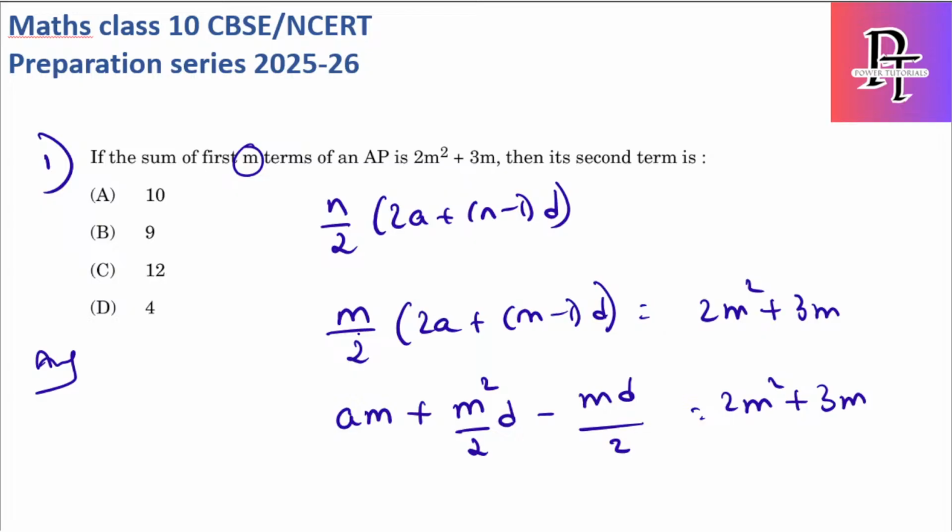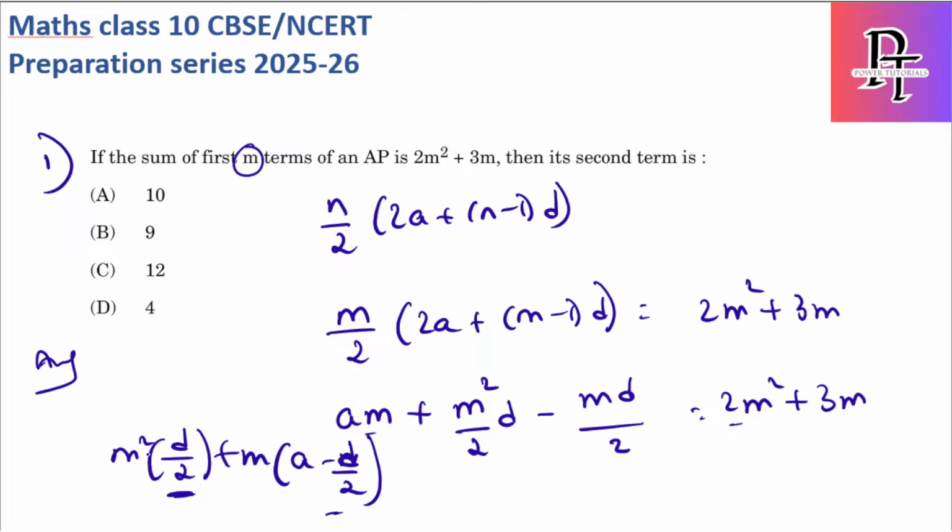So m by 2 into 2a becomes am, m by 2 into m square d by 2, and m by 2 into minus d becomes minus md by 2. Now just relate the m square and m coefficients. On the left side I will rewrite this as m square into d by 2 plus m into a minus d by 2.